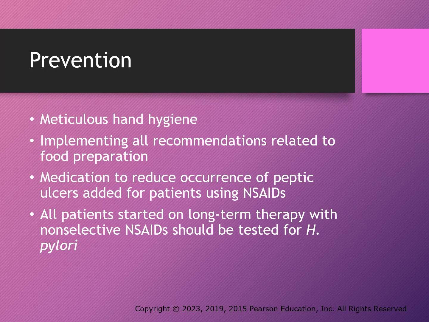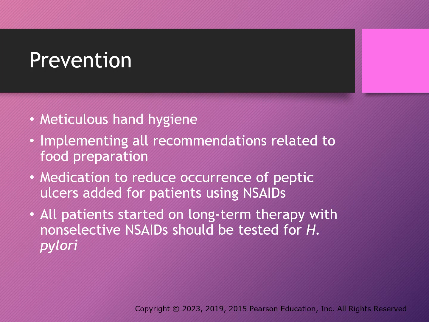For patients whose history includes long-term NSAID use, recommendations include adding either a histamine receptor antagonist, a PPI, which is a proton pump inhibitor, such as Protonix, or the drug Cytotec, which is very good for the stomach, or changing treatment to a COX-2 selective NSAID, which reduces the occurrence of peptic ulcers.